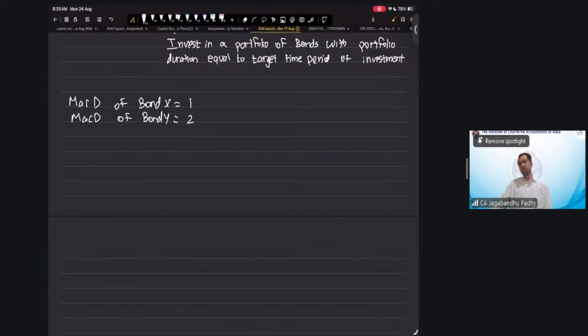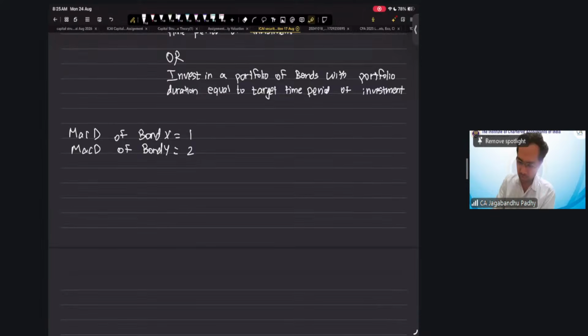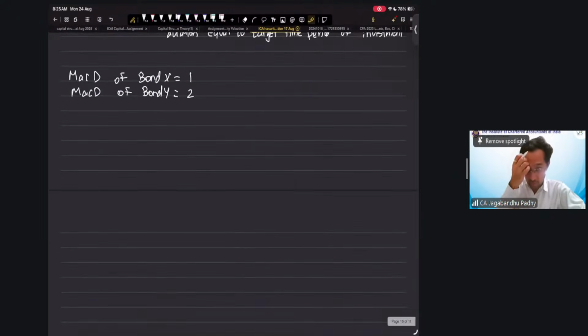Now, as per the strategy, we are going to invest in a portfolio of bonds with portfolio duration equal to the target time period of investment.